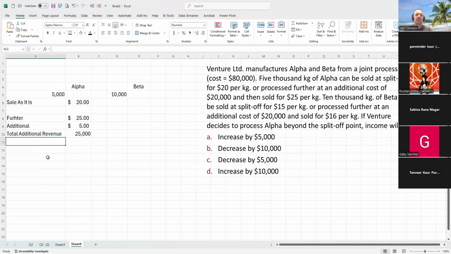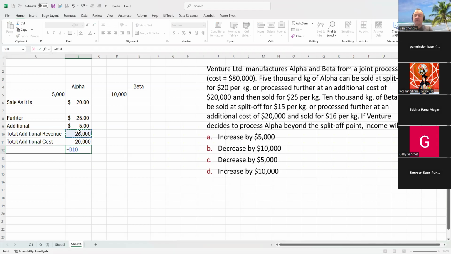How much is my total additional cost? 20,000. So should I go or not? Am I generating something? Yes. How much? 25 minus 20, I'm going to generate 5,000.